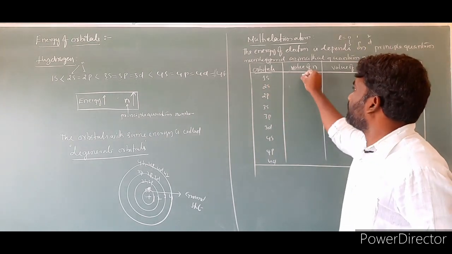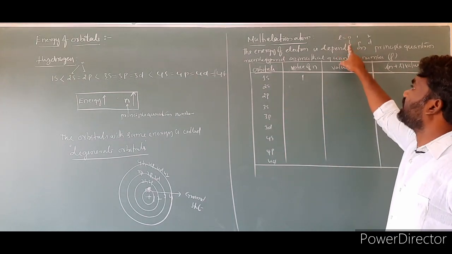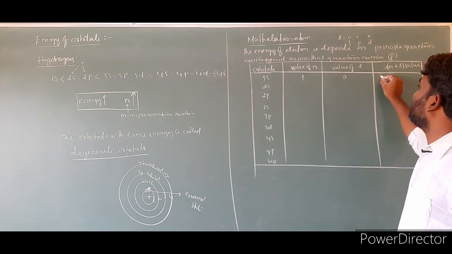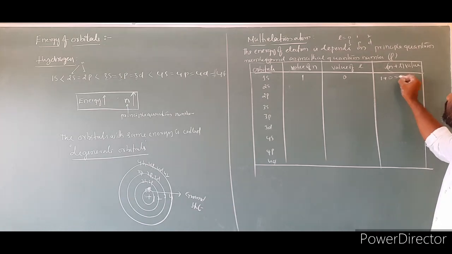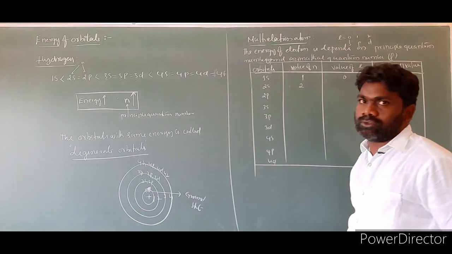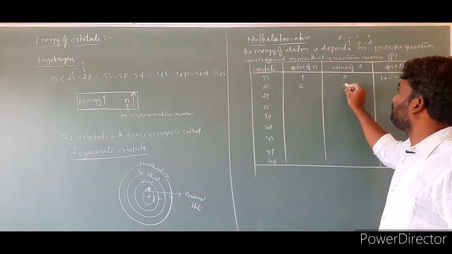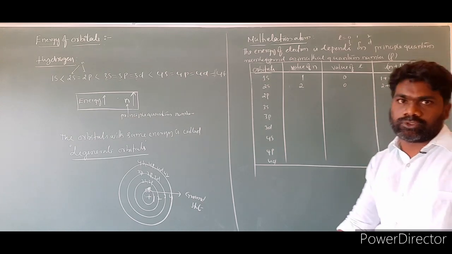So for 1s, n is equal to 1 and l is equal to 0, so n plus l is 1 plus 0, equal to 1. Clear? For 2s, n is equal to 2, l is 0 again, so 2 plus 0, n plus l is 2.